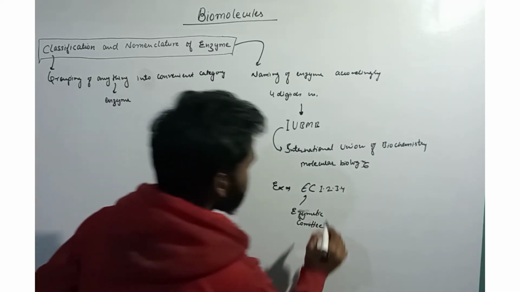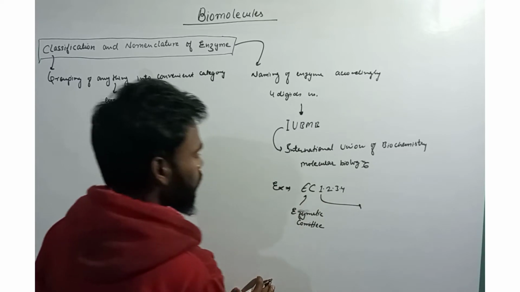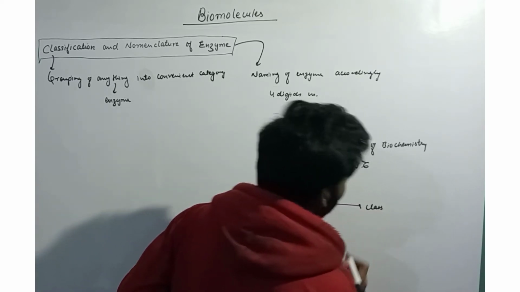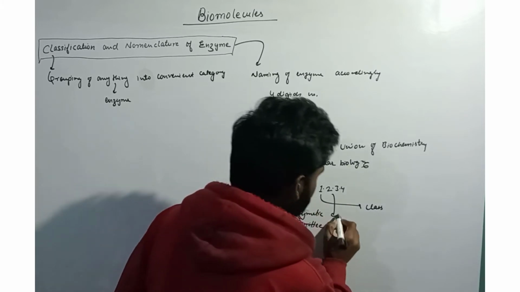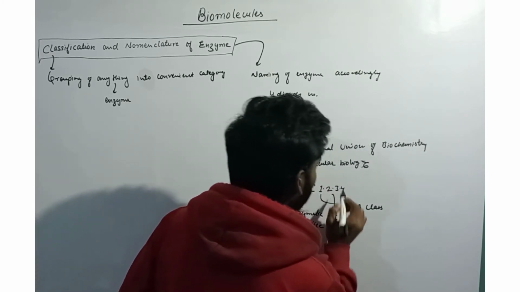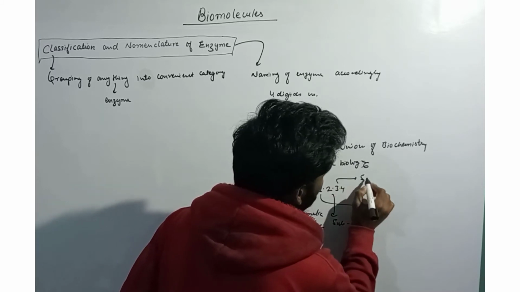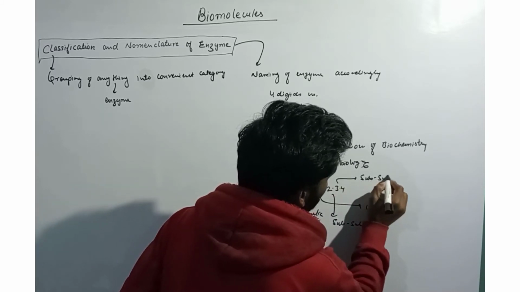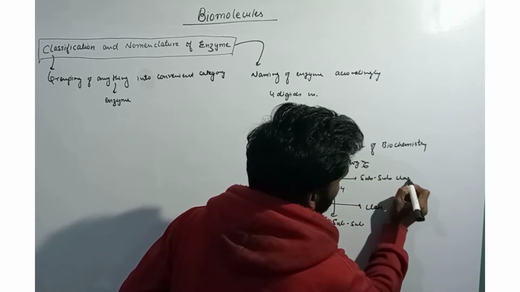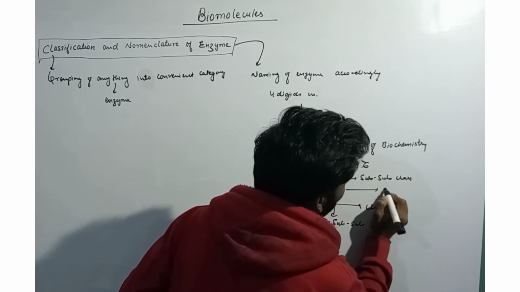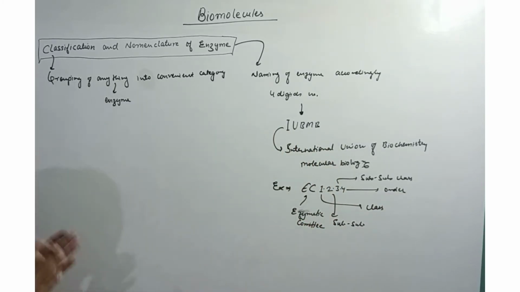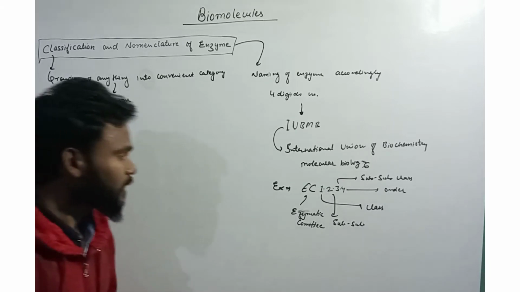The first digit represents the class, the second digit represents the subclass, the third digit represents the sub-subclass, and the last digit represents the order of the enzyme. This is how enzymes are named.